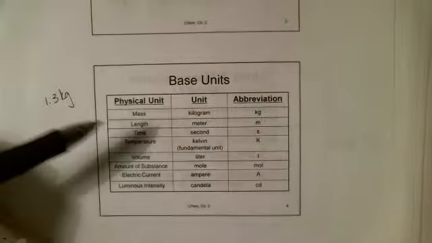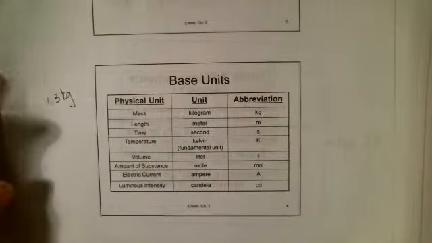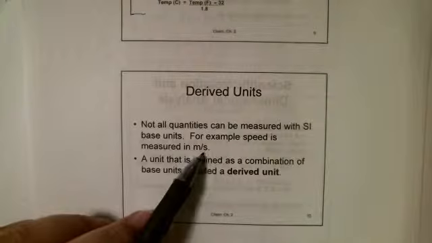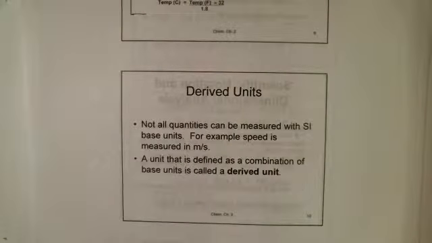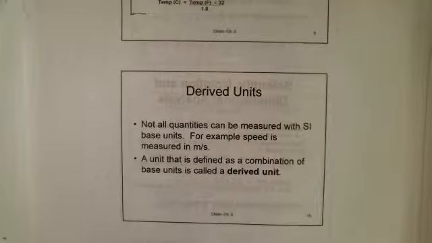Here it is. Those are the base units. But there are so many units that are a combination of those several base units. Those are called derived units. So the example here is speed. Miles per hour is another example.